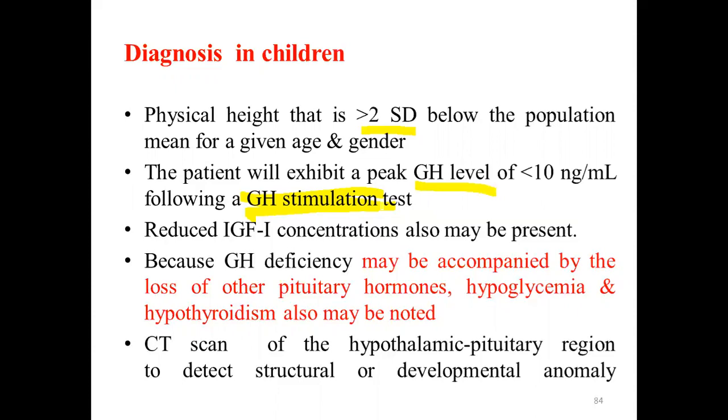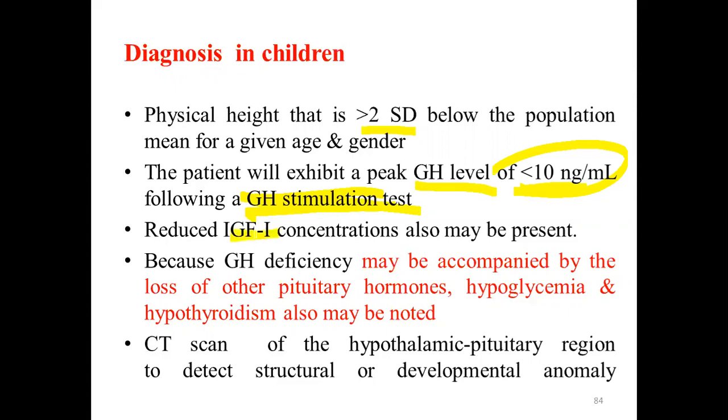The moment you give insulin, because of the effect on the glucose level, the patient can have a low sugar level. That low sugar level can stimulate the release of growth hormone from the anterior pituitary, so that we can measure it, and we call it a growth hormone stimulation test. So mostly it is less than 10 nanogram per ml in children after stimulation.